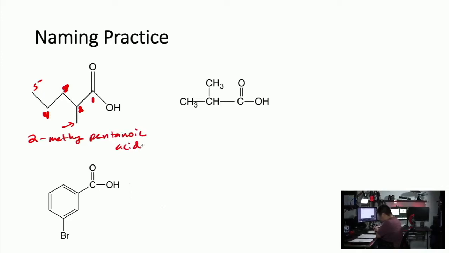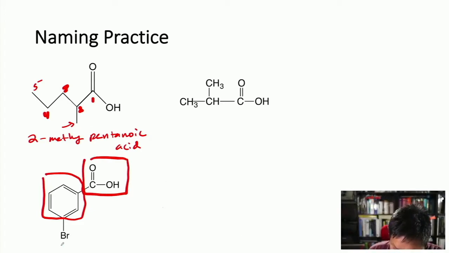Next one, we have a benzoic acid here. We already know it's a benzoic acid because remember that this part is called the benzene, right? And here's the carboxylic acid. Put it together, you have a benzoic acid. You have a bromine coming off the ring right there, right? So you have to name it by the number carbon it is on the ring. So 1, 2, 3, 4, 5, 6.